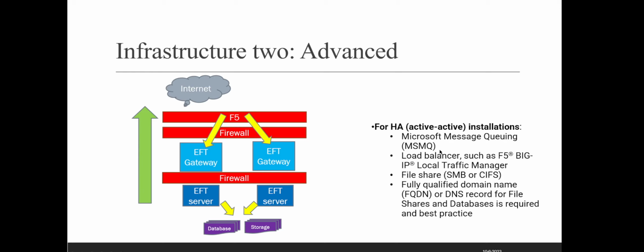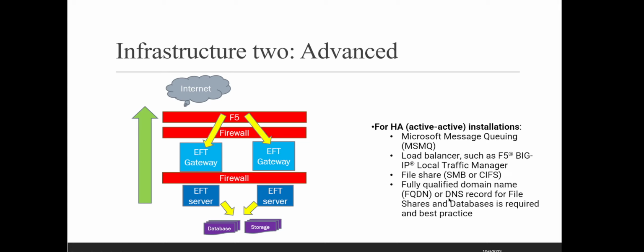And like I mentioned before, you want something like a load balancer. It can be an F5, but whatever other load balancer you wish to use will be placed in front, because that one is actually processing where the connection goes. Then you want a file share, which can be an SMB or a CIFS share. That depends on whatever you prefer in your network.